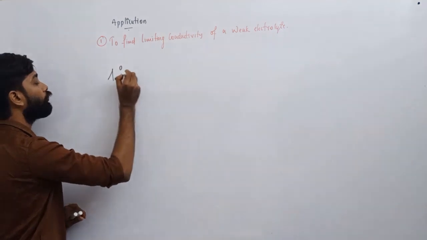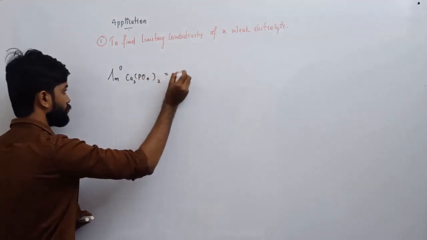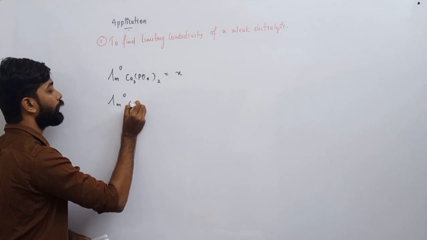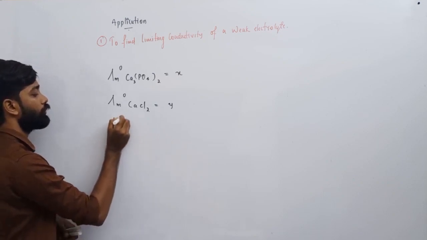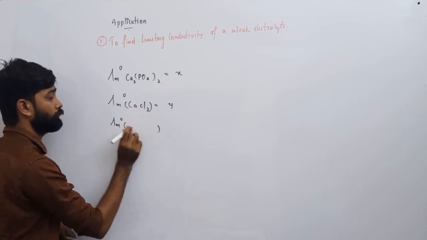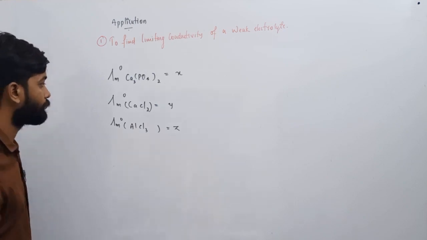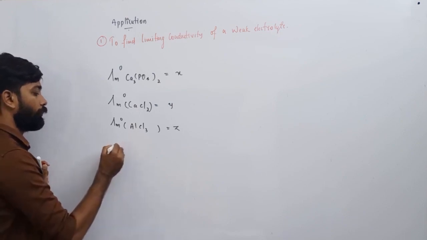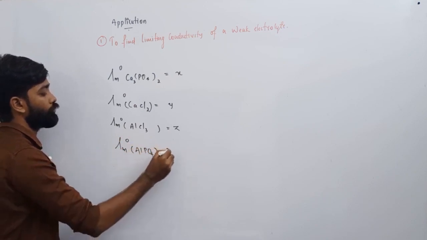If molar conductivity of Ca3(PO4)2, calcium phosphate, which is a 3:2 type electrolyte, is X, and molar conductivity of CaCl2, which is a 1:2 type, is Y, and molar conductivity of AlCl3 is equal to Z, find the molar conductivity of AlPO4, aluminum phosphate.